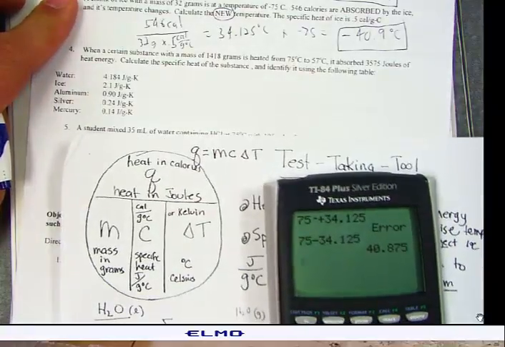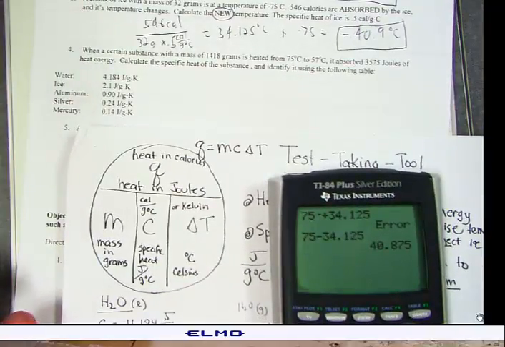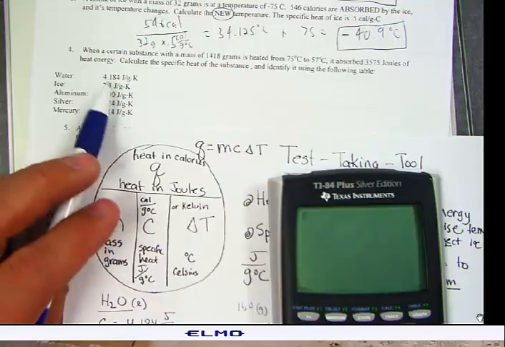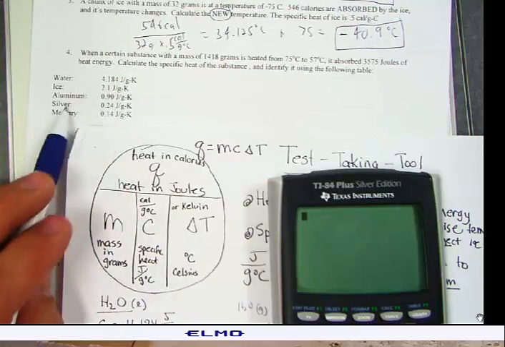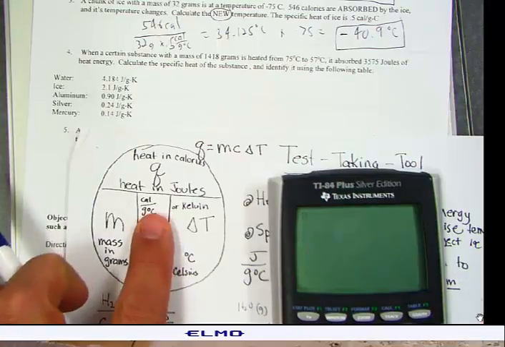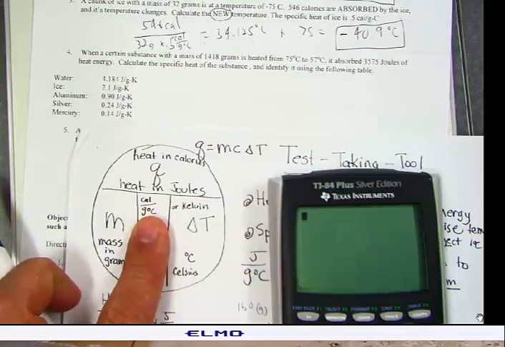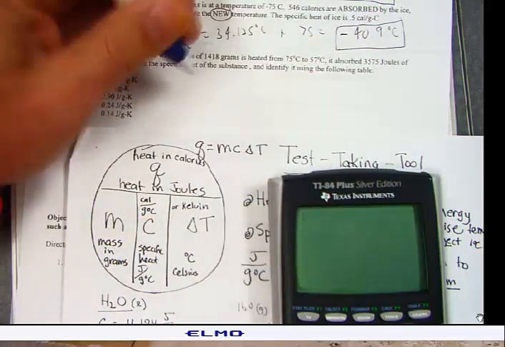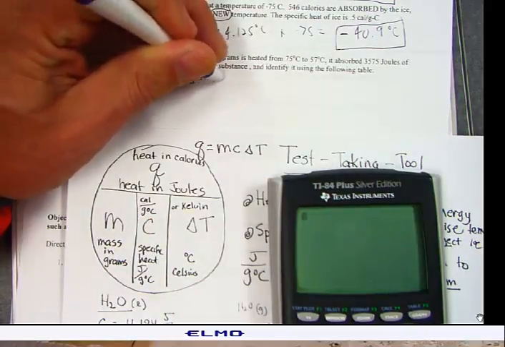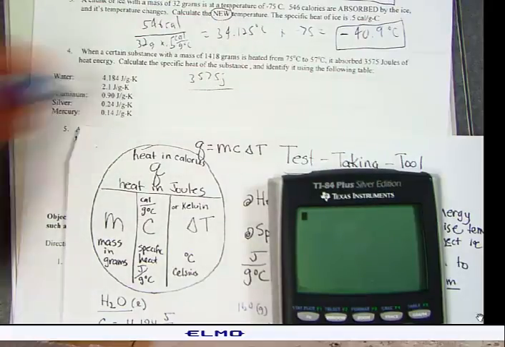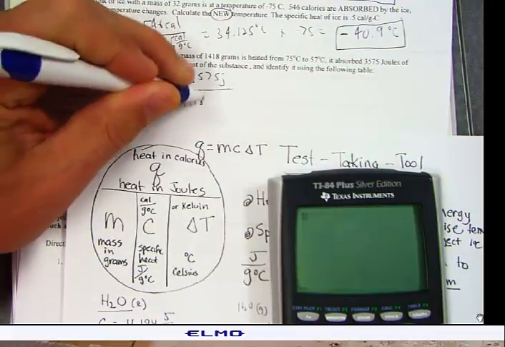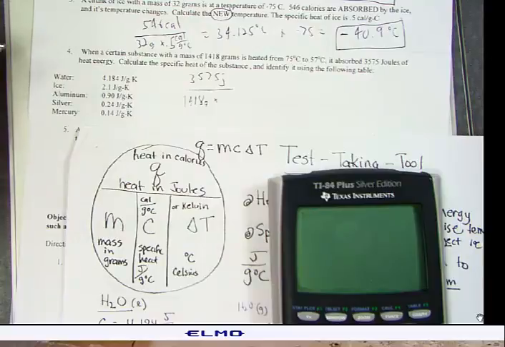The next one is like a mystery, kind of like the lab that we did. We have to figure out the specific heat of a certain substance and see if it matches any of these. Specific heat is heat on top, mass and change in temp on the bottom. Find a heat, there it is, 3575 joules. Find a mass, 1418 grams. Find a change in temperature.